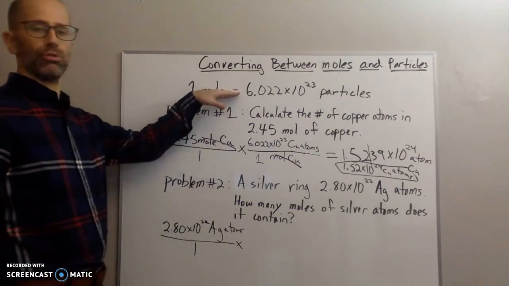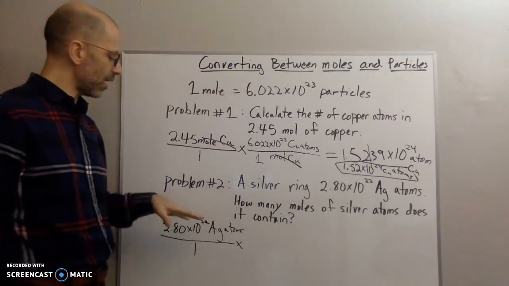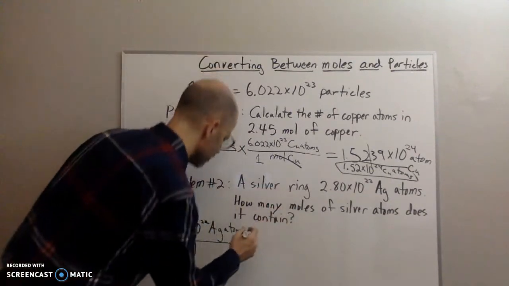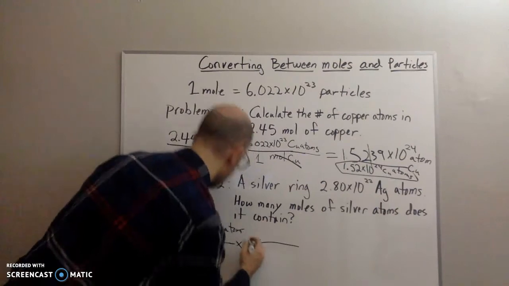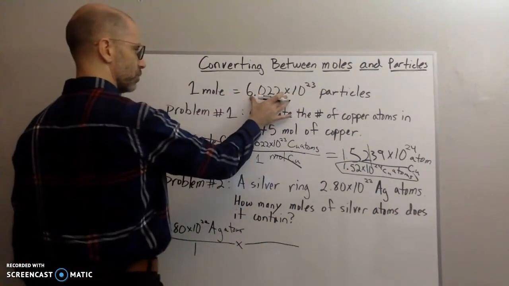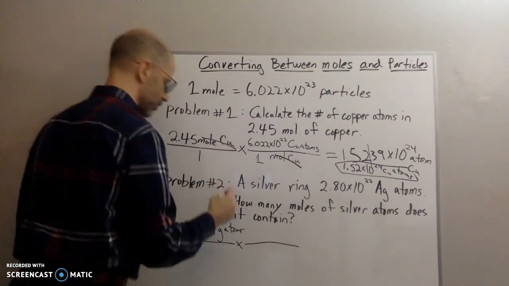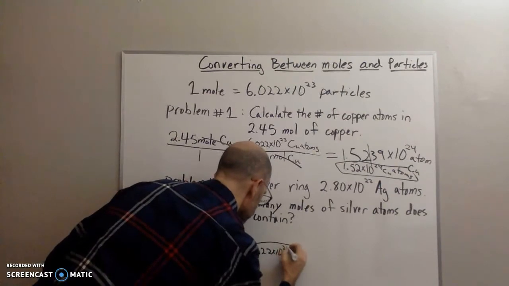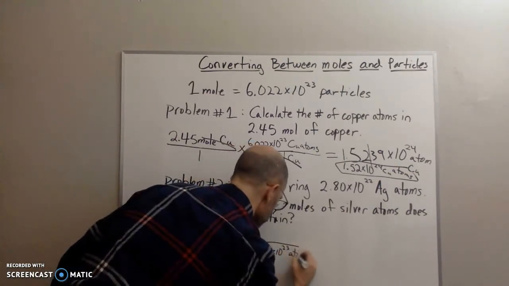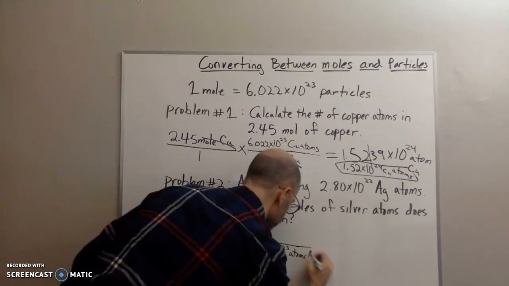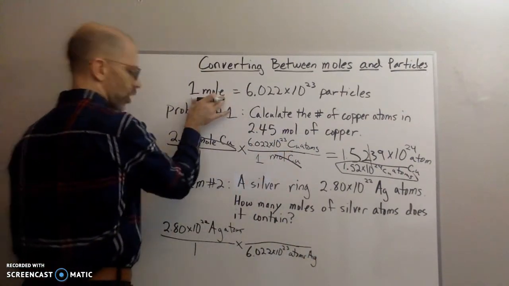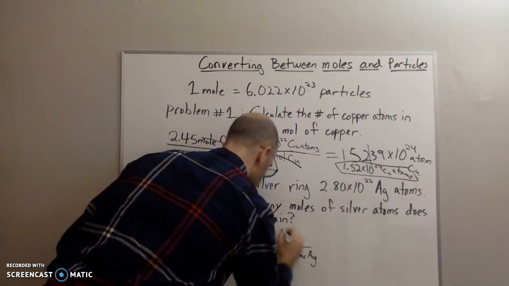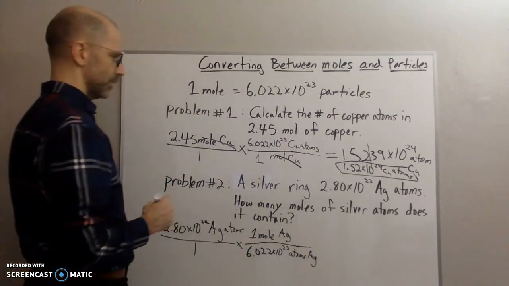So this time I'm going to use this equality again, but now since I have atoms of silver on the top, I need atoms of silver on the bottom. So I'm going to have 6.022 times 10 to the 23rd atoms of silver, and then I'm going to put 1 mole of silver on top.